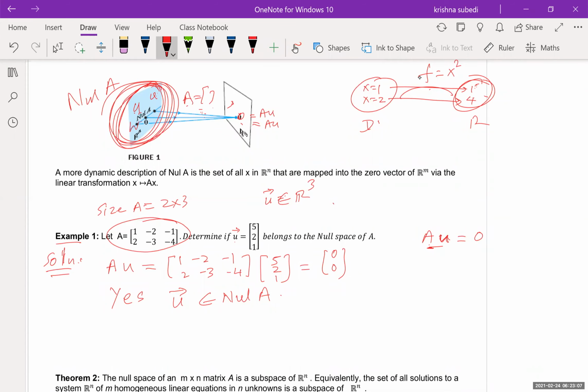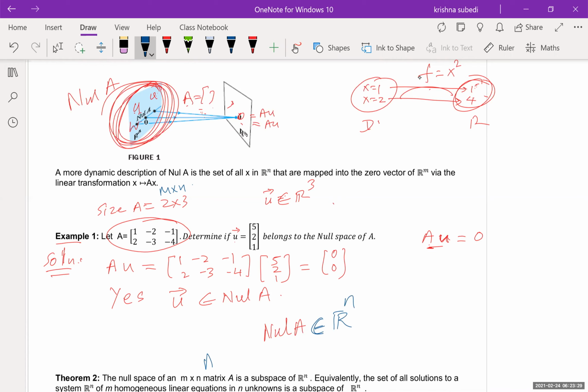That means, if I take a matrix A that is M by N, then the null space of A is a subset of Rn.